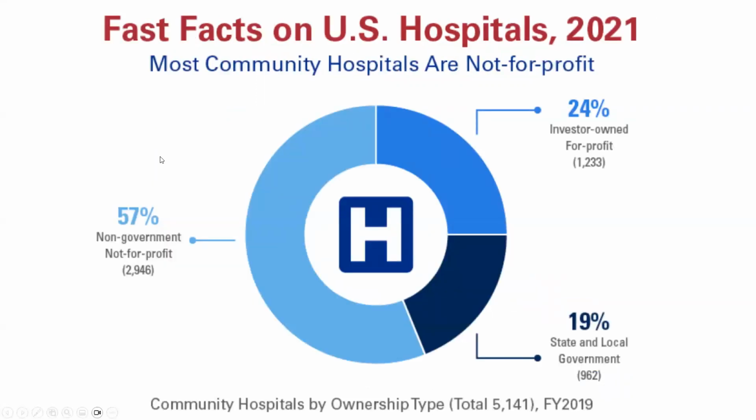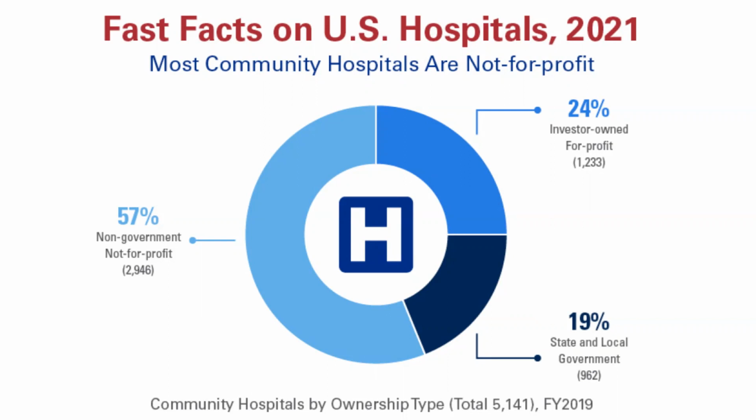So looking at community hospitals, hospitals again that are there to care for the community, close to 60%, 57% in 2019, were not for profit, meaning they're literally owned by the community. A not-for-profit entity doesn't have any owners. It is instead owned by the community that it exists to serve.